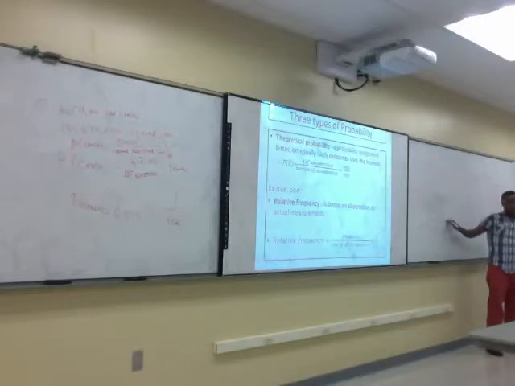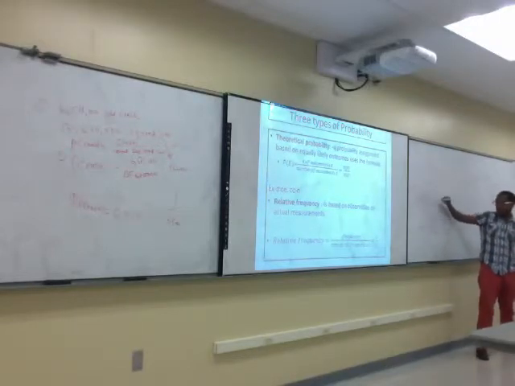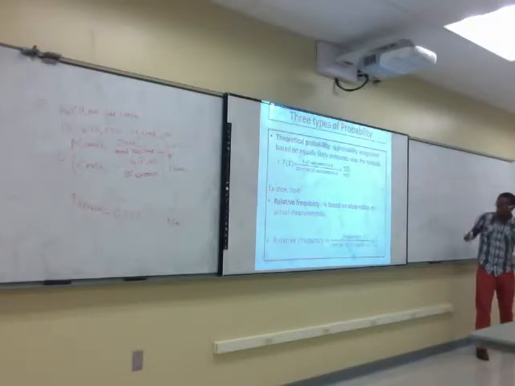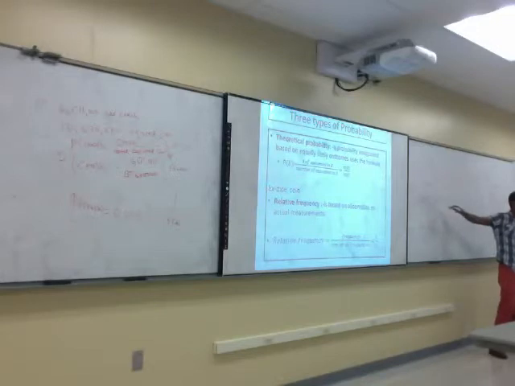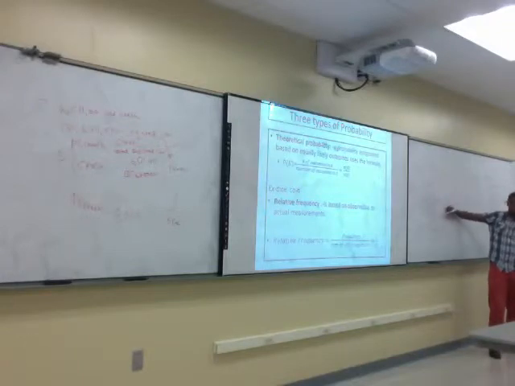Tossing 2 coins, you can have 4 possible outcomes. If I toss 1 coin, I have either head or tail. That's my possible sample space for 1 coin. If I'm tossing 2 coins, I have 4 possible outcomes.